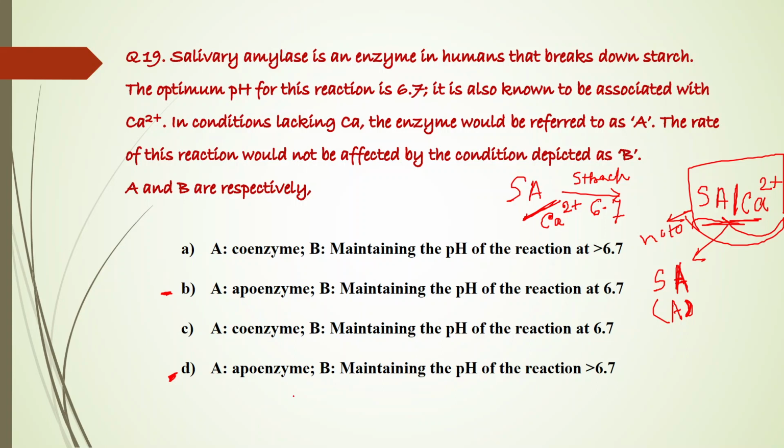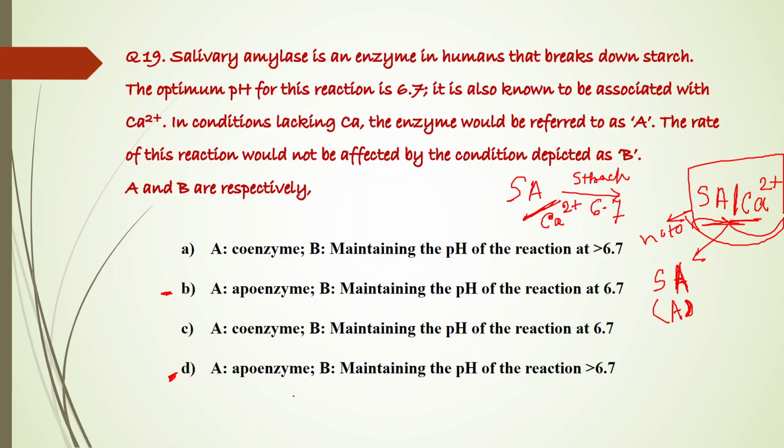But in absence of calcium 2+ as well, the enzyme would function. The pH is actually responsible for some amino acid side groups that are present in SA. So even if you remove calcium 2+ and maintain the pH of the reaction at 6.7, it would not affect the overall condition of this reaction.